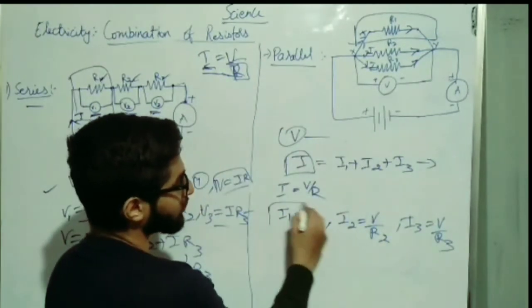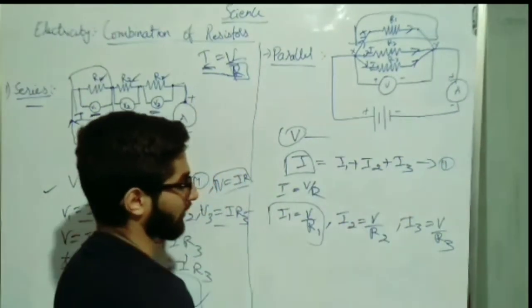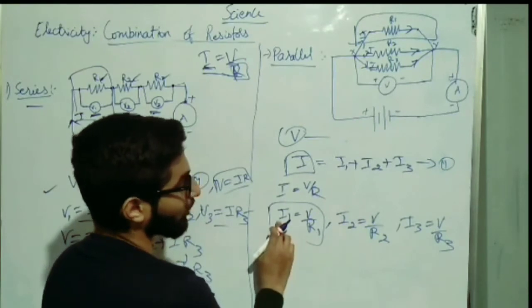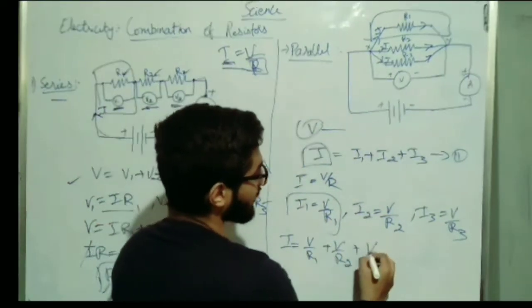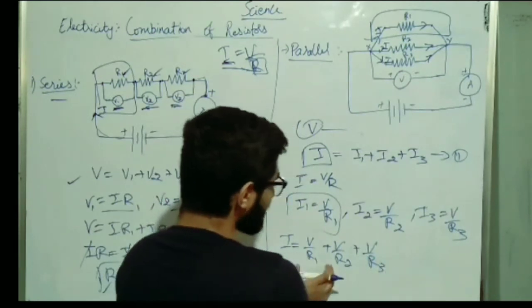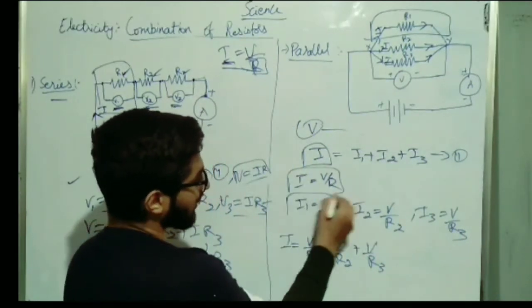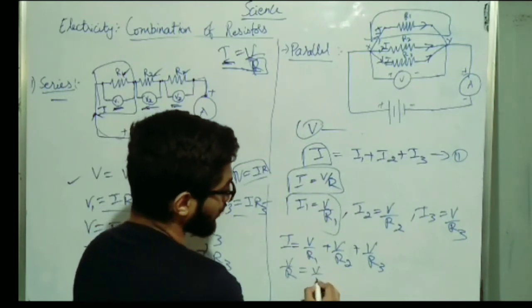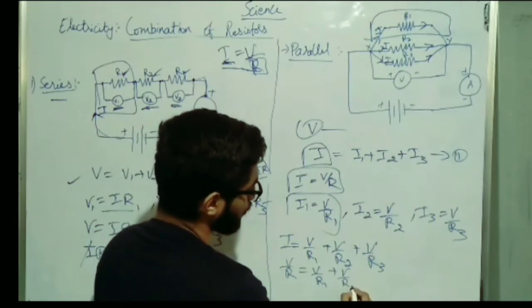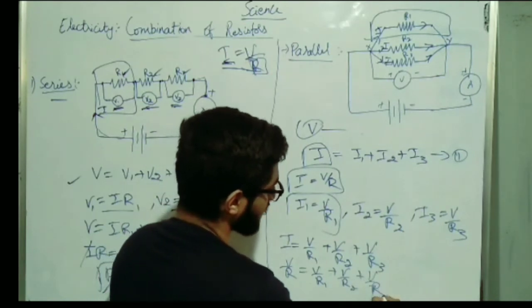Let me substitute in equation 1. So I is equal to, what is your I1? V by R1, I2 V by R2, I3 V by R3. So this is your I. Now we know from Ohm's law, I is equal to V by R. So V by R is V by R1 plus V by R2 plus V by R3.